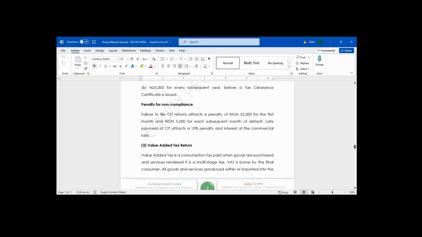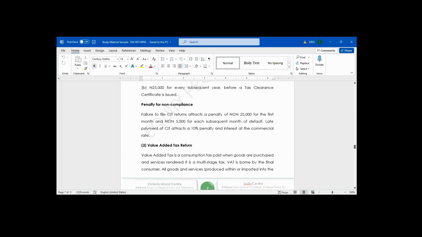And 5,000 for each subsequent month, plus 10% interest on the amount of tax due.